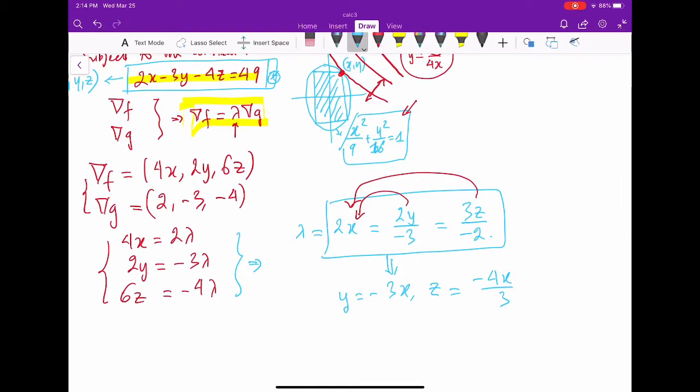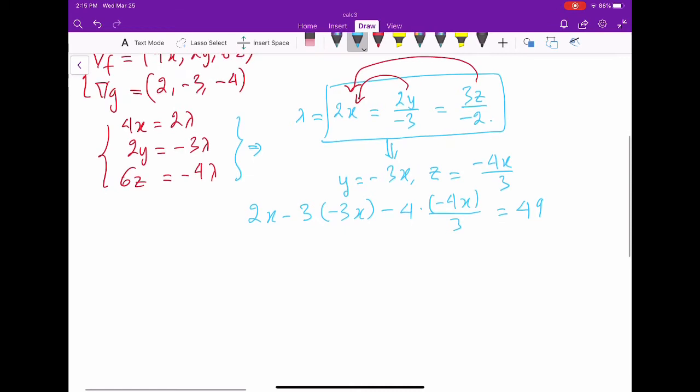Then you plug everything into the equation star, the constraint. You get 2x minus 3 times negative 3x, and then minus 4 times negative 4x over 3, and this is equal to 49. Now we solve for x, and then we plug back to find y and z.